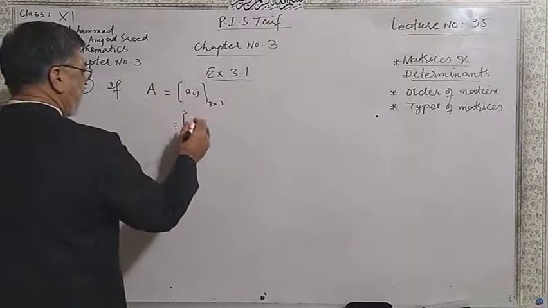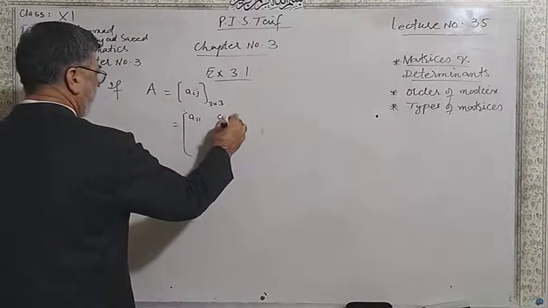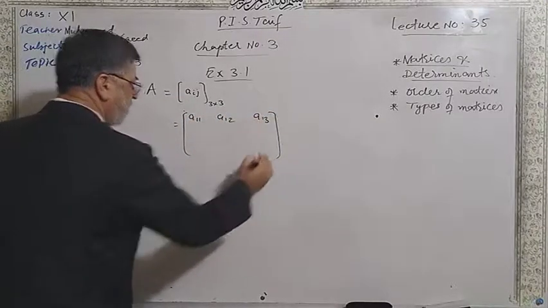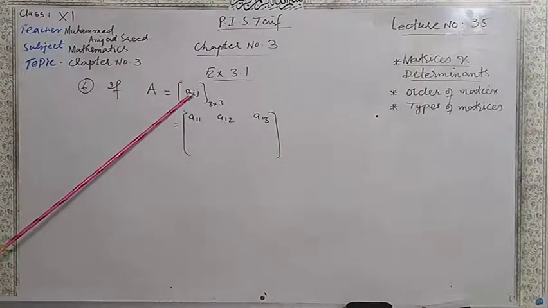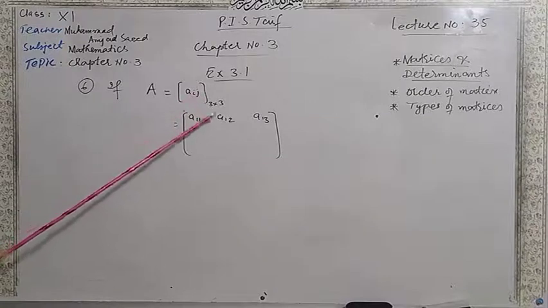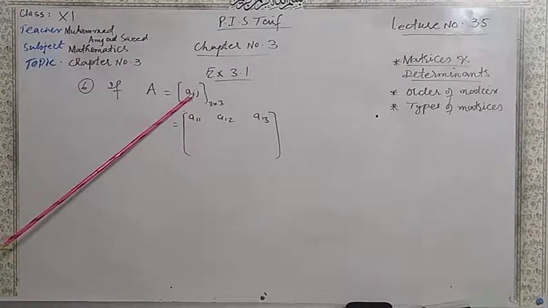So Aij can be written as A11, A12, A13. A11 means first row, first column. A12 means first row, second column. A13 means first row, third column.